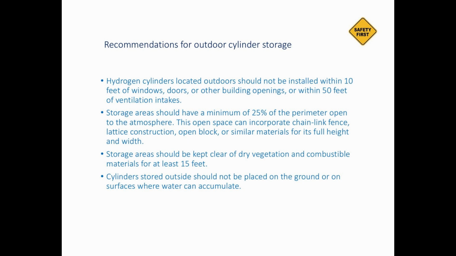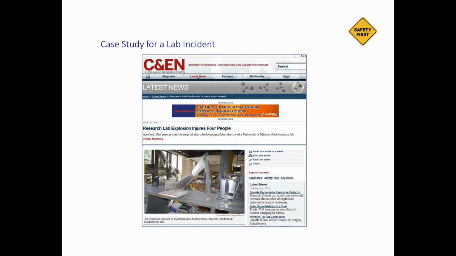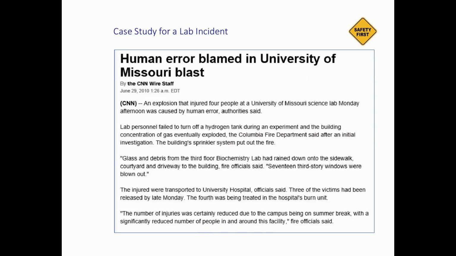Let's talk about a case study for a lab incident. It was published in June 2010. It's a real story. An explosion injured 4 people at the University of Missouri science lab Monday afternoon. It was caused by human error. Lab personnel failed to turn off a hydrogen tank during an experiment, and the built-up concentration of gas eventually exploded.